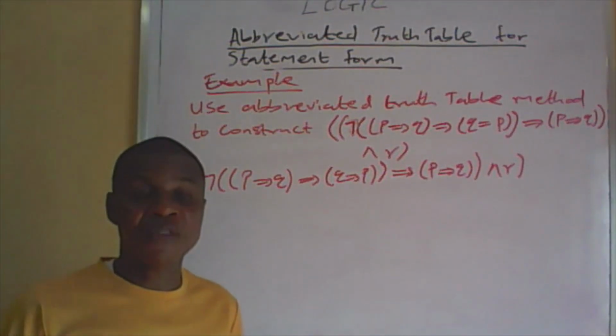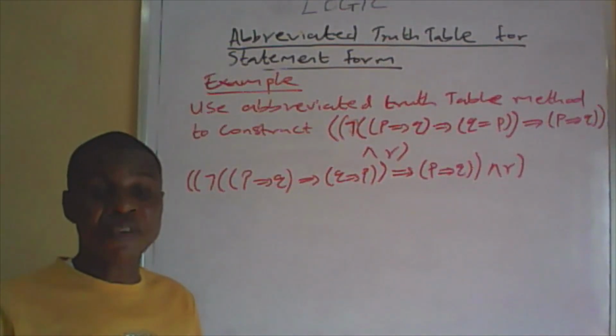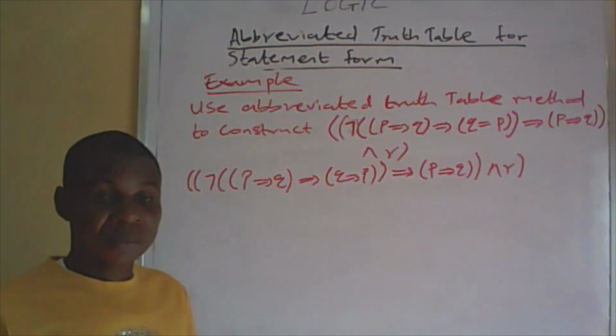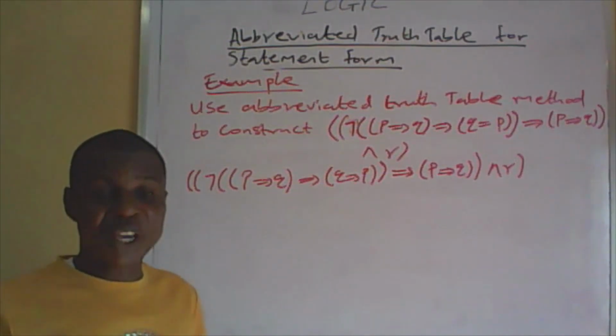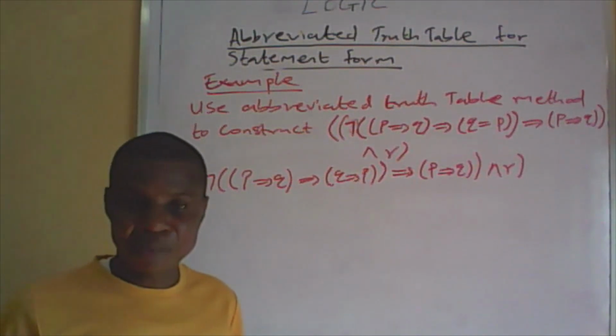That means we are going to have 8 possible ways we can combine the truth values for the simple statements.